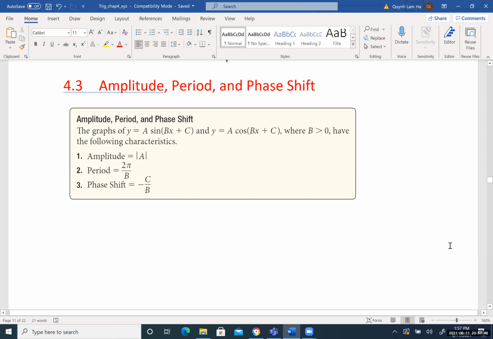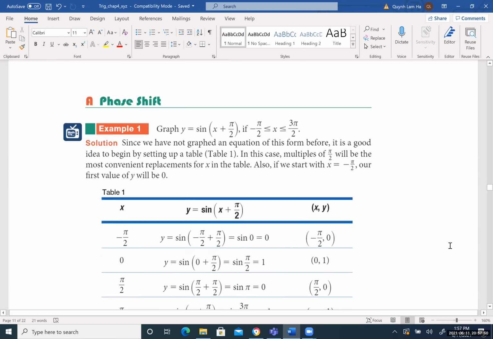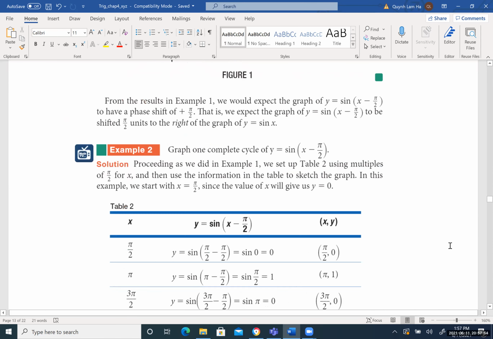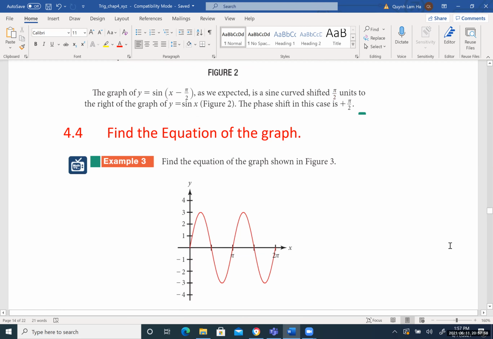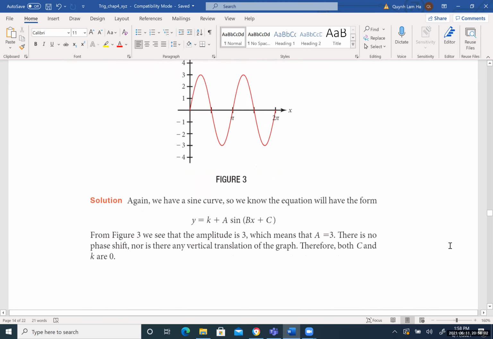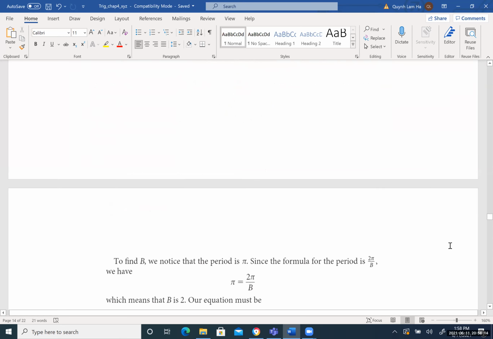Okay, and I would like to give you some more formulas down here. Here is another formula that we combine: y equal to k plus a times sine of b times x plus c in parentheses.